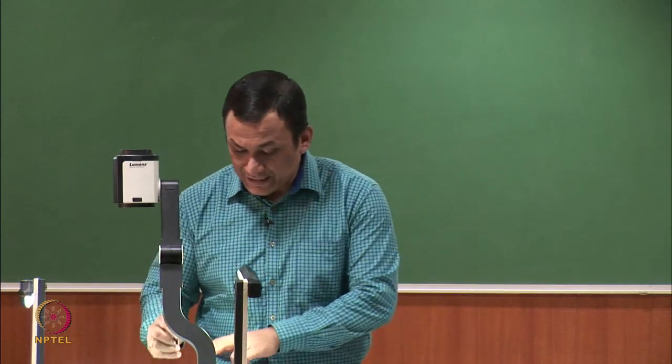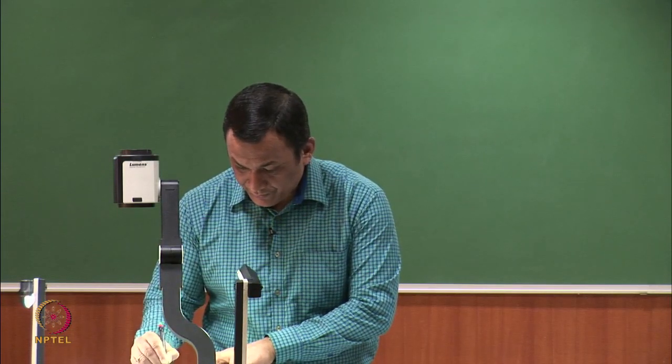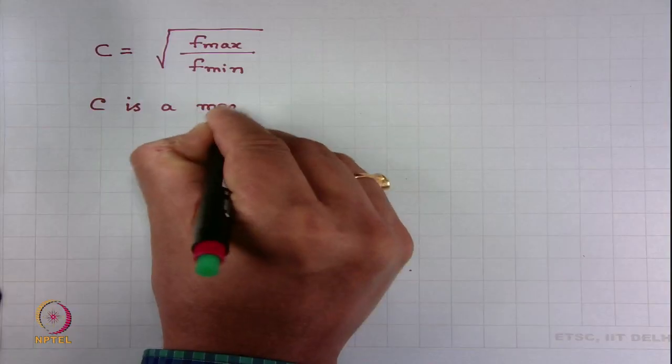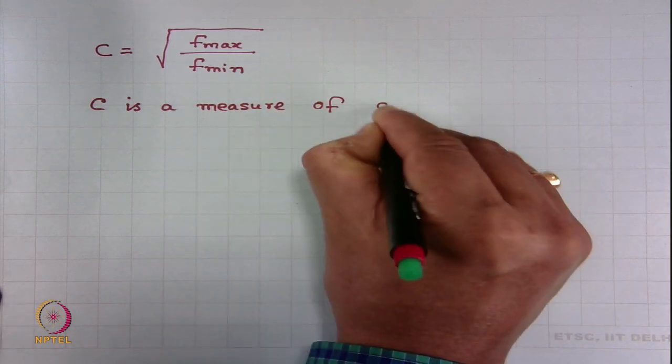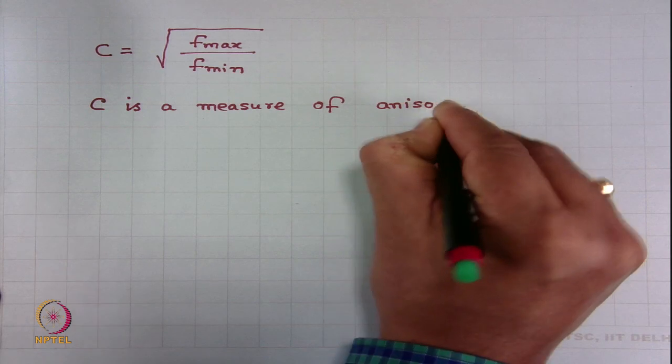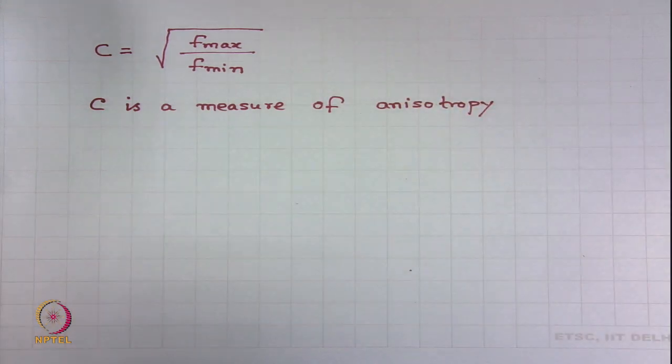So, C is a measure of anisotropy. Higher is the value of C, higher is the anisotropy.